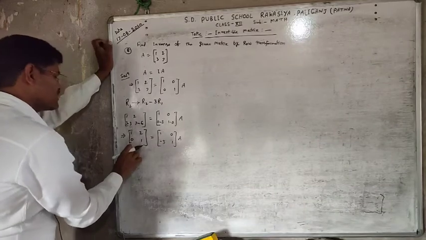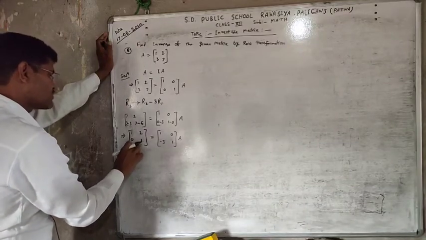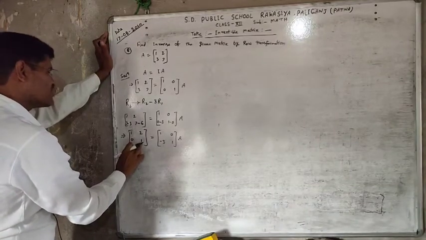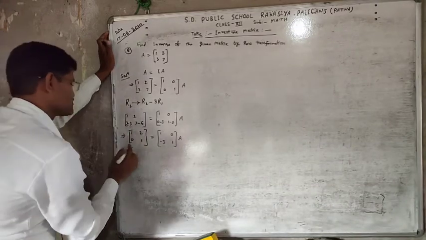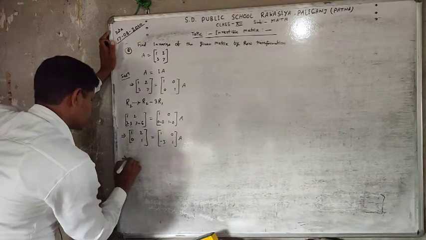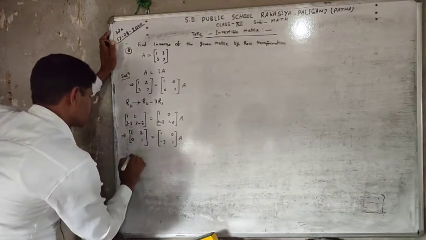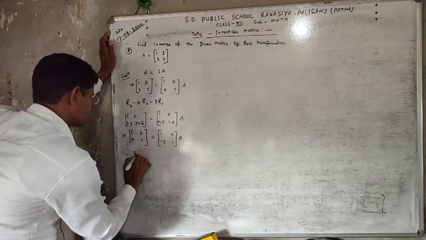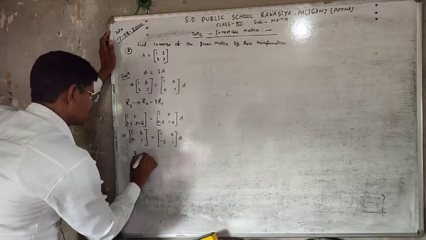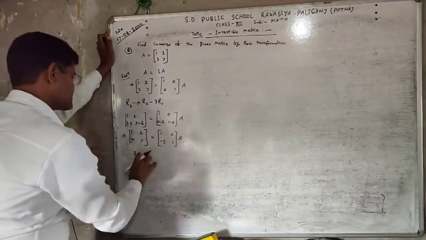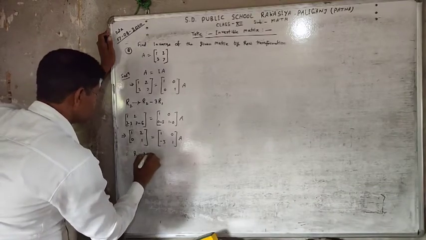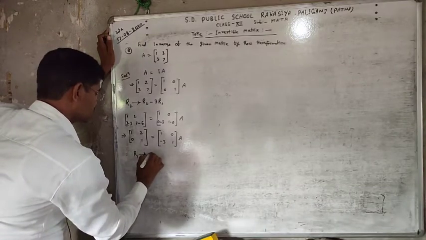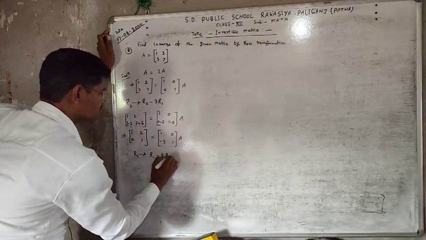Hence, if we multiply the second row by 2 and subtract it from the first row, then our process will be completed. The second operation is that R1, the first row, is changed such that R1 changes into R1 minus 2R2.